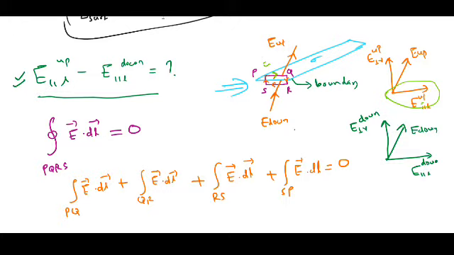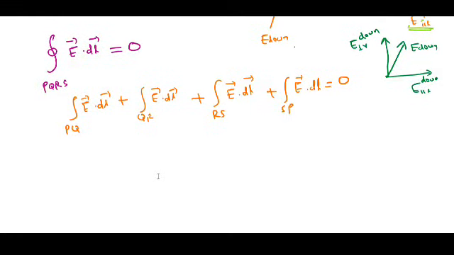Therefore, the electric field parallel to the length element PQ is E parallel up, and our PQ length element are along the same direction. The angle between them is theta equal to 0 degrees. Therefore, I can write integral PQ E parallel up dl cos 0 plus, what about QR?